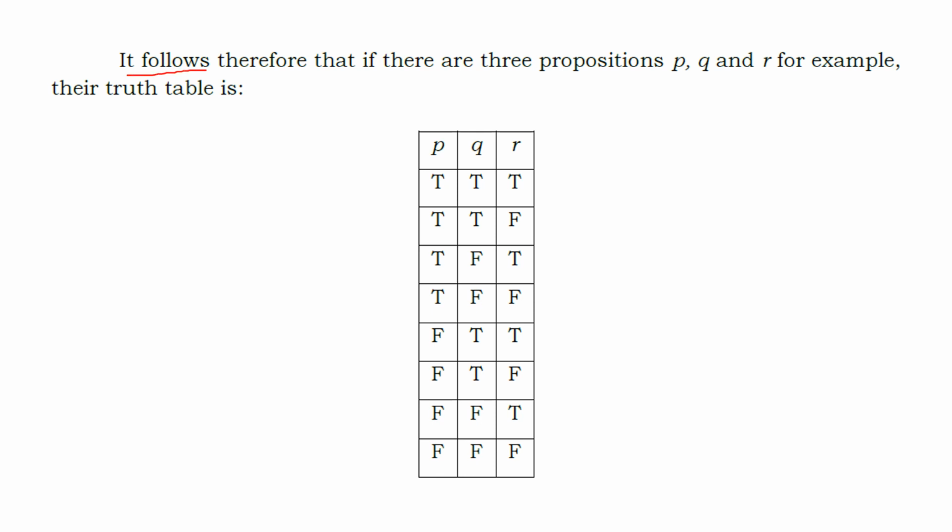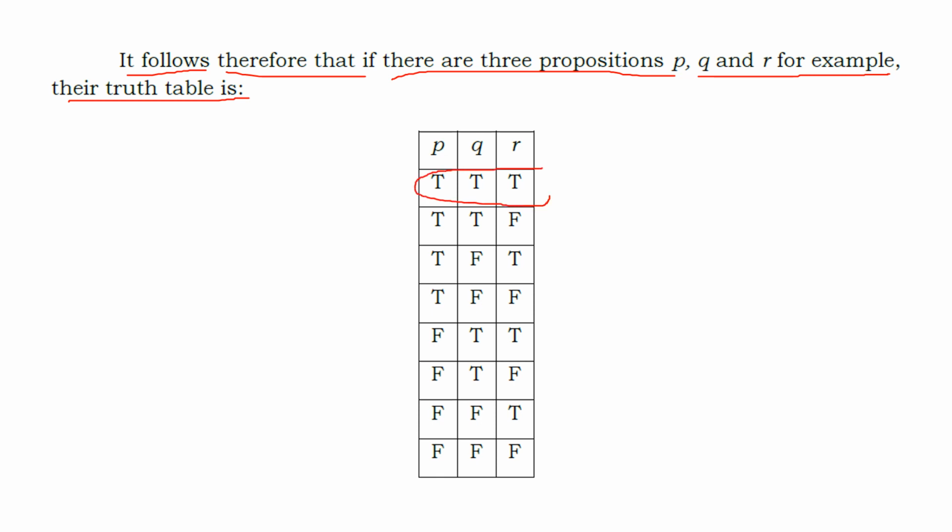So it follows, therefore, that if there are three propositions P, Q, and R, for example, their truth table is, so we assume, to be like this, no, on what are the possible combinations that we can get from these propositions. And your R, as you can see, these are the possible combinations that we start from, wherein these three propositions are true.